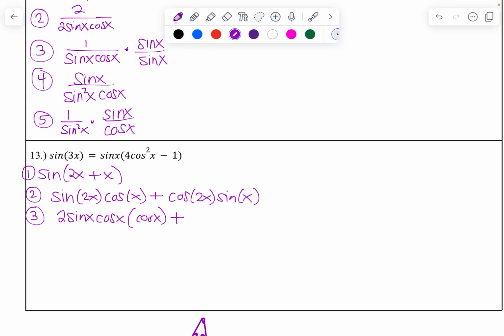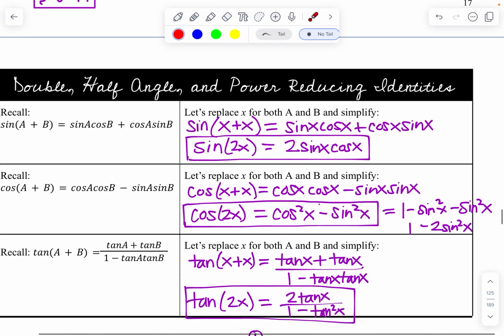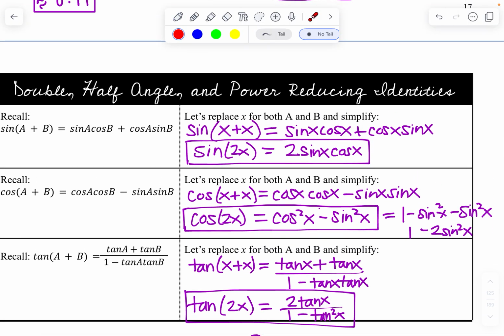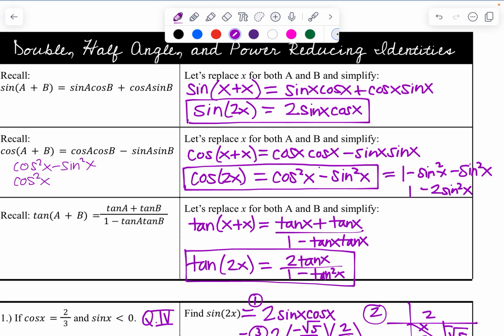And we know cosine of 2x, we've got some different options. But if I look here, I'm going to end up with a cosine squared. So I want to go with the option that gives me a cosine squared. So let's go back and remind ourselves about that one. You know what, there's one more we can do that we didn't even write out yet, so let's go ahead and write it out. Because it's cosine squared x minus sine squared x, we can replace sine squared.